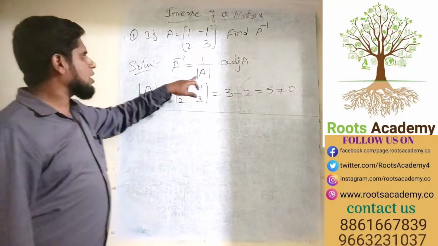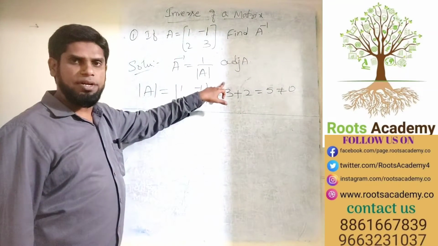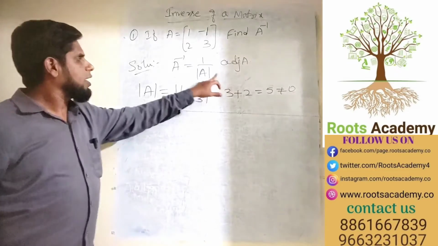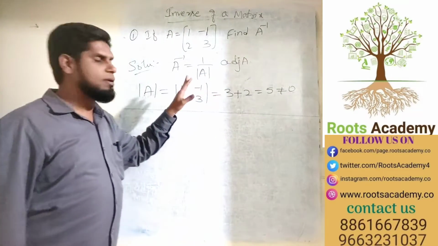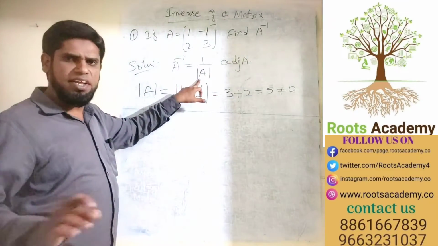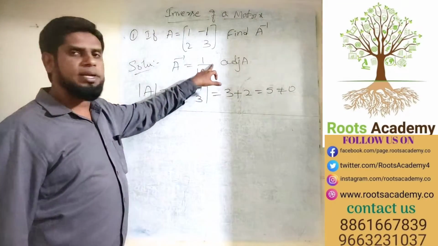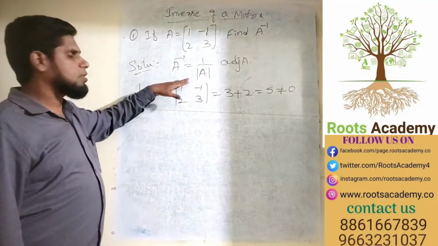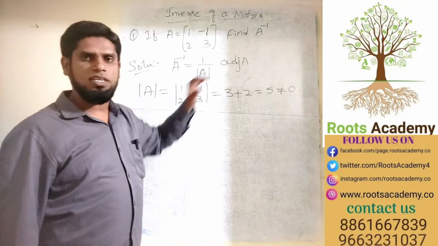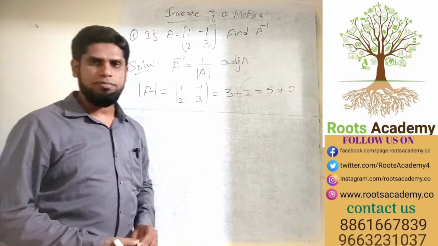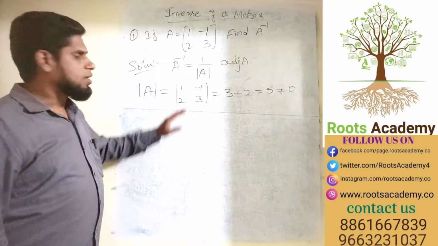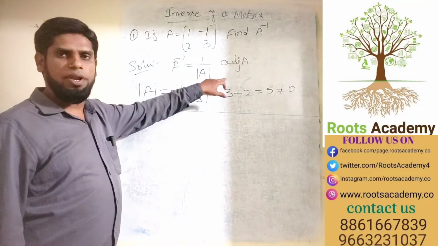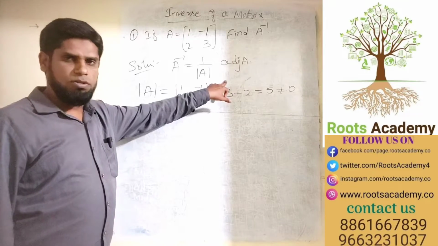The reason is that determinant A is in the denominator, so we know that in mathematics, if the denominator part is 0, whatever the numerator part is, we will declare the answer is not defined. So at any cost, our denominator cannot be 0.